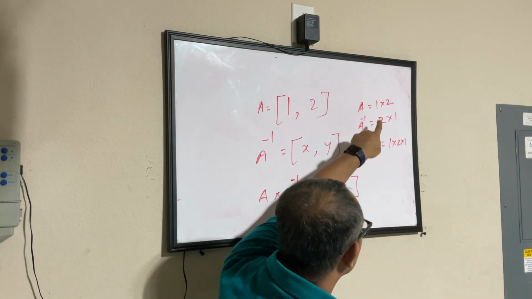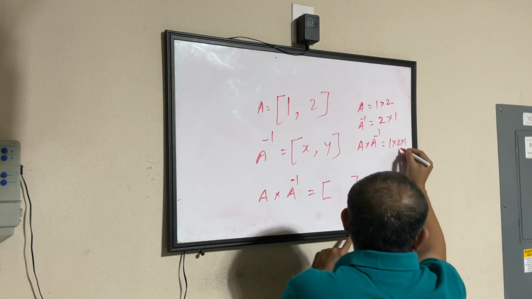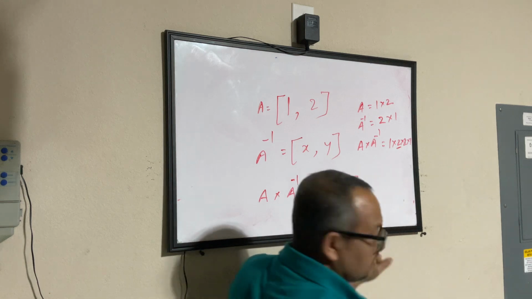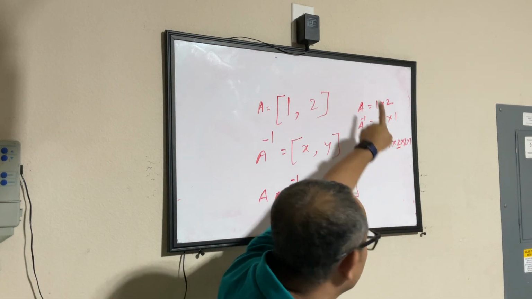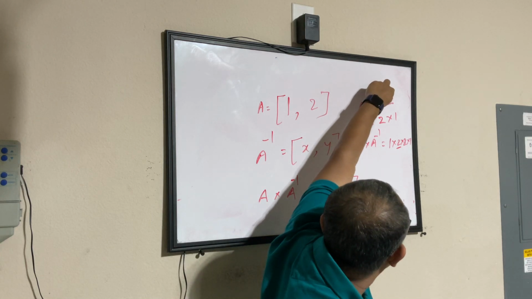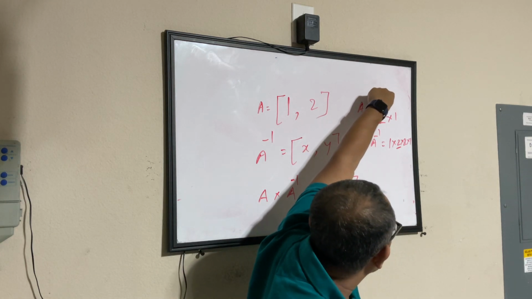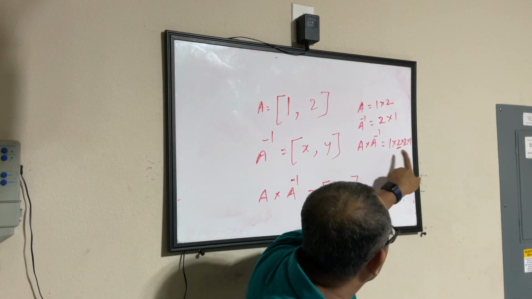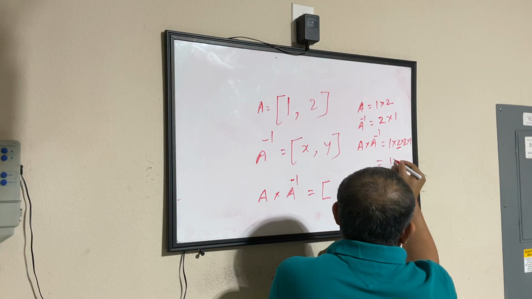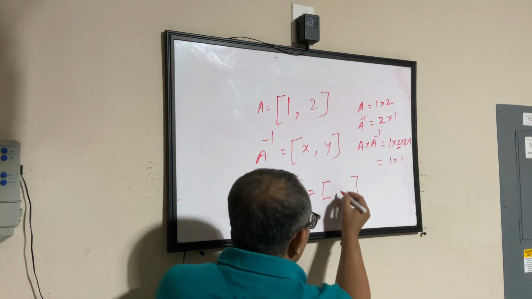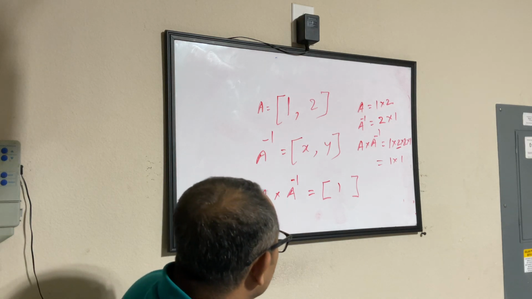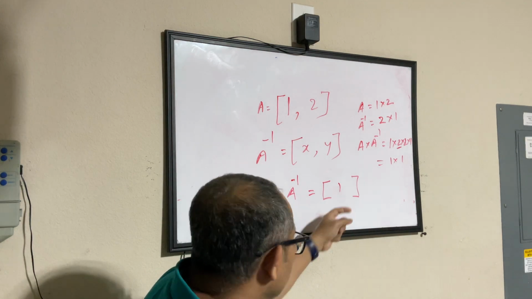Because we know the first thumb rule is that the number of columns of the first one has to match with the number of rows of the second one. Then only you'll be able to multiply. So when I'm multiplying it, what I will get is a 1 by 1 matrix, meaning I'll probably get something like this.